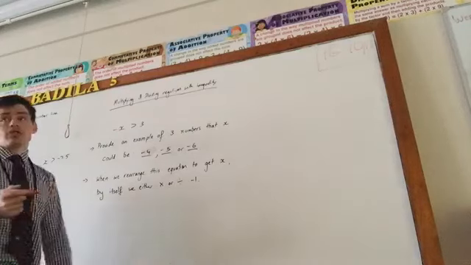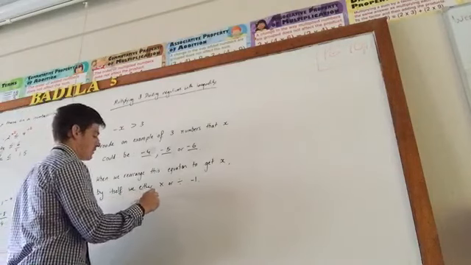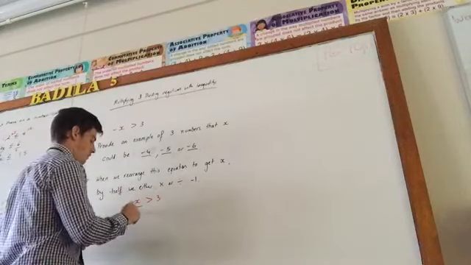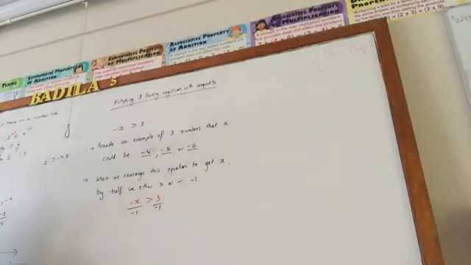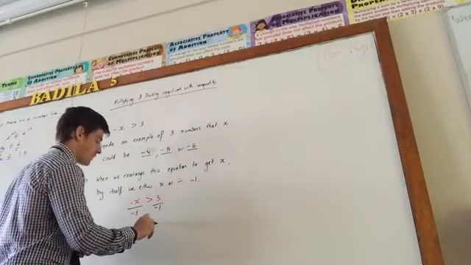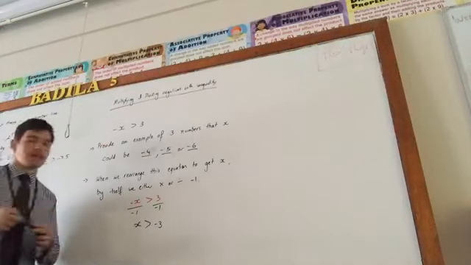Times both sides or divide both sides by negative 1. So I'm going to go negative x and divide both sides by negative 1. What's that do to the negative sign on the left? Harry? It cancels out. So I'm left with x something negative 3. If we leave that exactly the same, I'm saying that x is greater than negative 3.